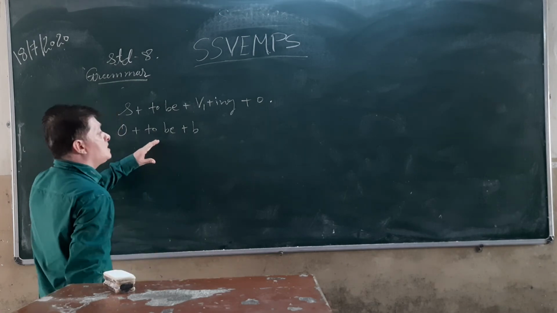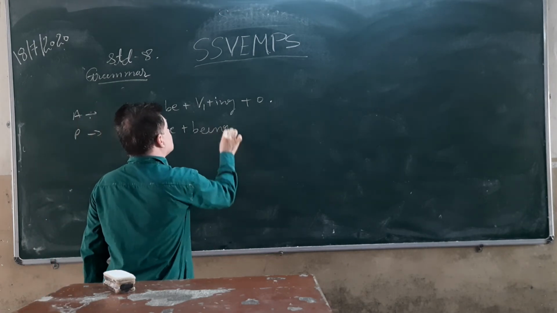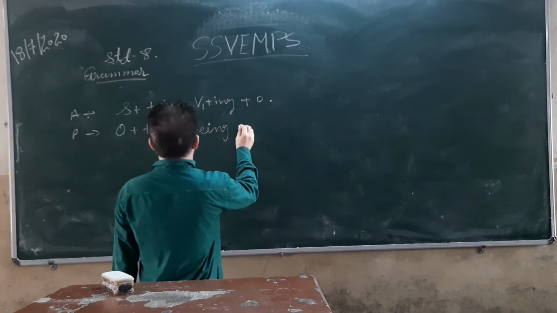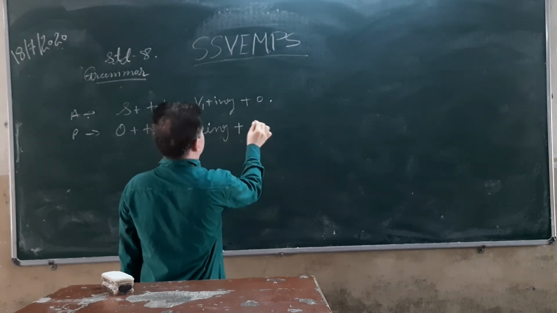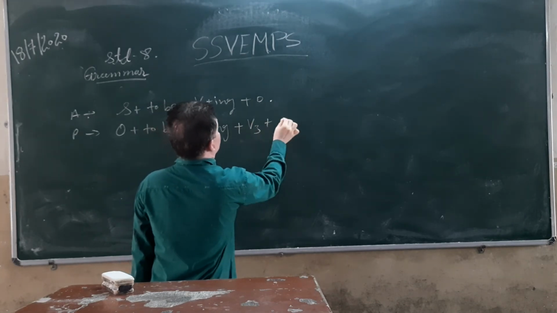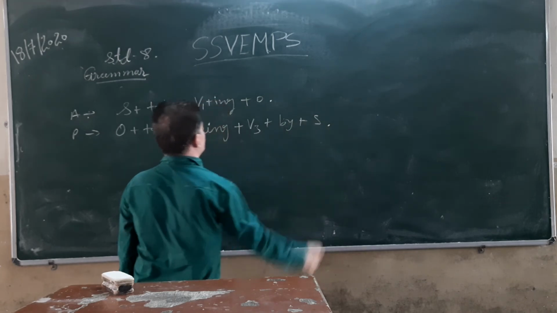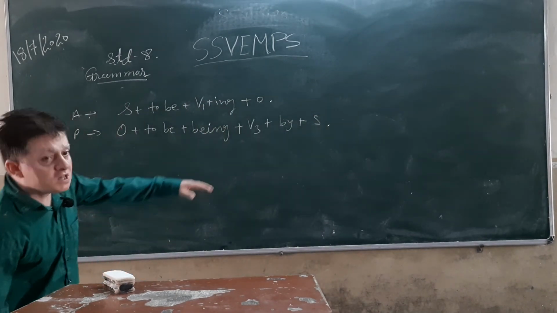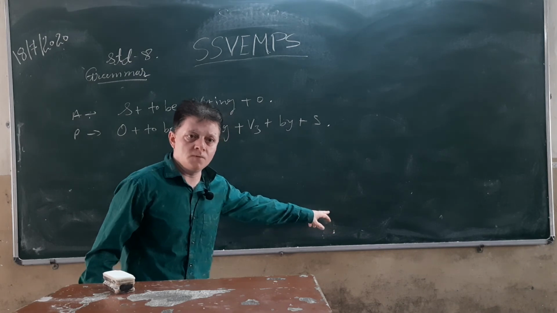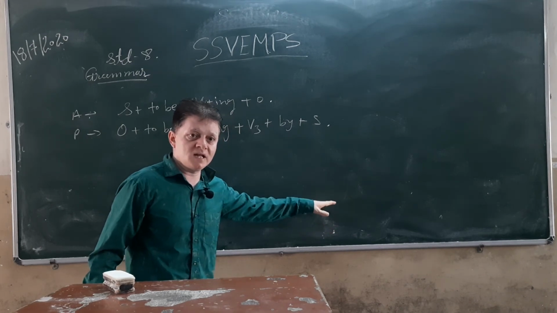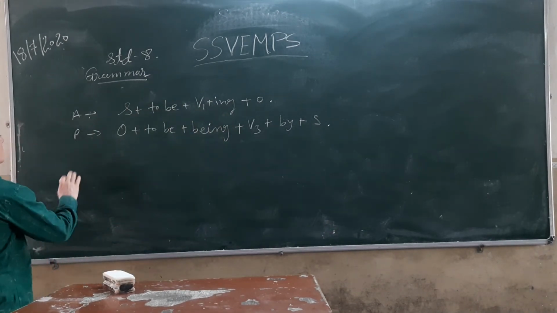So to be is already there, so we use being as a continuous tense form, and with it by plus subject. Have I put by every time? Have you seen by? By was there. Yes.